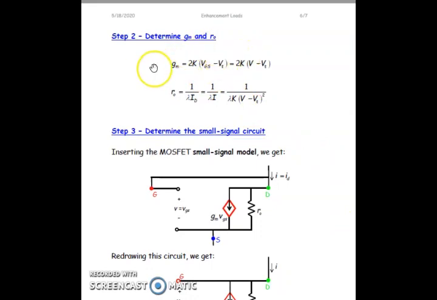How do I determine gm? By using this formula: 2K, which also stands for Kn' W by L, times (VGS minus VT). I'll also be finding the finite output resistance r0, which is the impact of channel length modulation. Once I find that, I'll be inserting the MOSFET small signal model, which means I'm getting something like this.